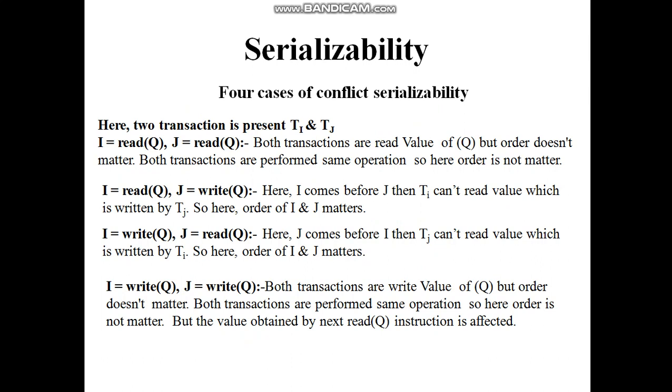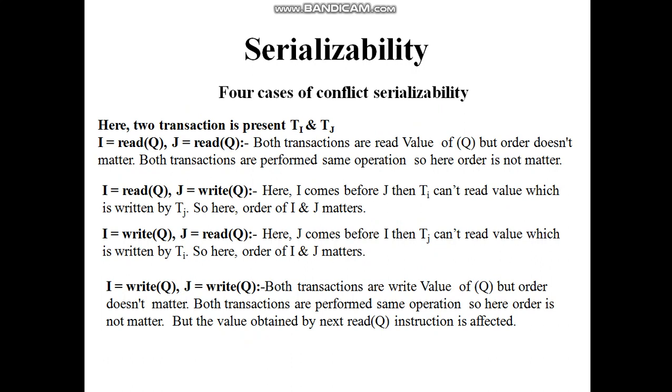Here Ti performs a read operation and Tj performs a write operation on the value Q. If Ti comes before Tj, then Ti cannot read the value which is written by Tj. So here the order of Ti and Tj matters.